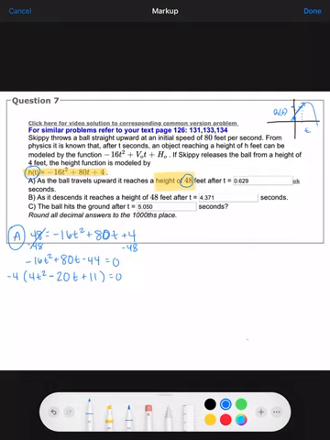And so I'm just going to go ahead and plug this into the quadratic formula here. So I'm going to take opposite b, which is 20, plus or minus square root of b squared, which is going to be negative 20 squared, minus 4ac, all over 2a.